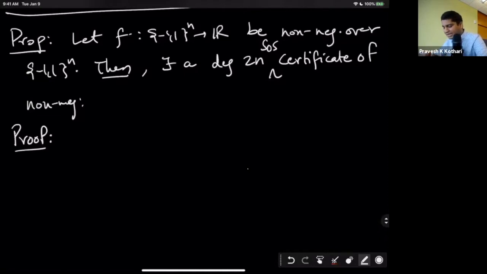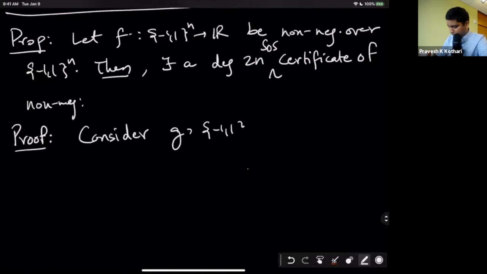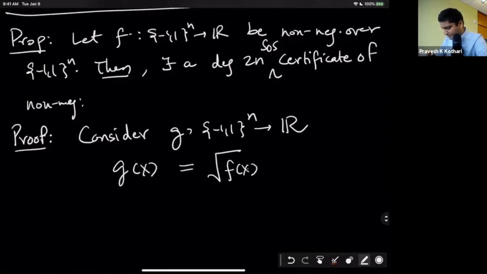And so this is saying that for every non-negative f, there is a way to prove it non-negative by means of an SOS certificate where the polynomials that appear in it are of degree at most n. Okay, good. Let's prove this. It's very simple. Consider the following polynomial g, where g(x) for every x equals the square root of f(x).